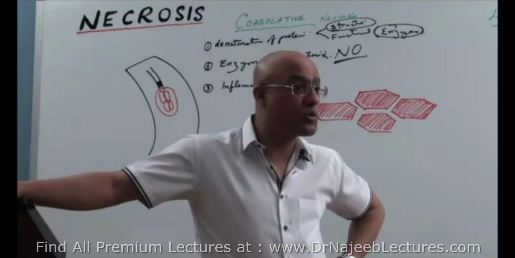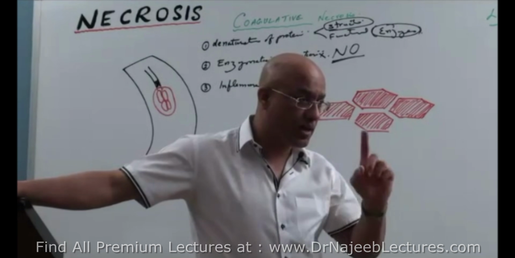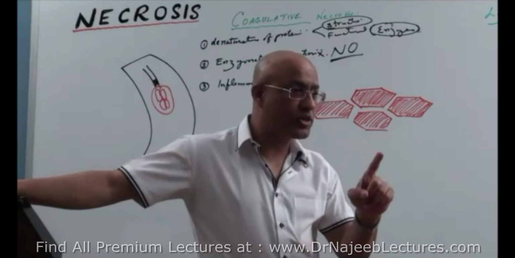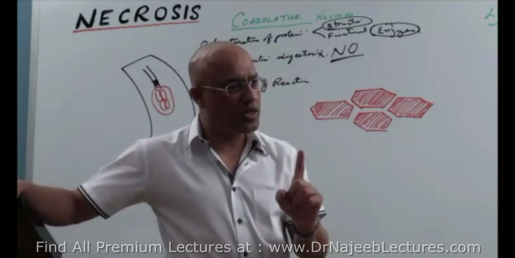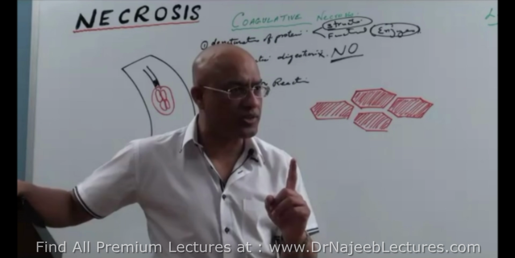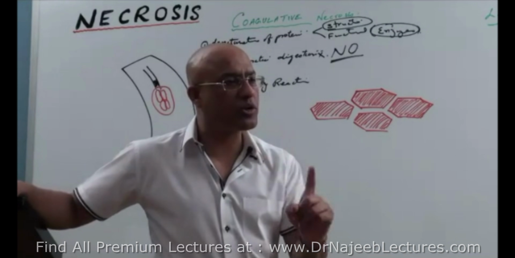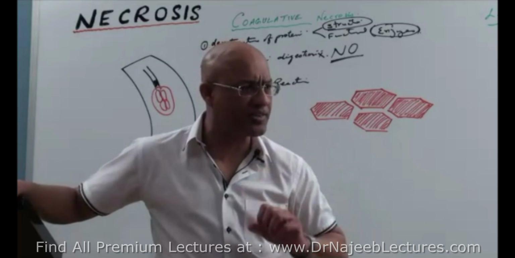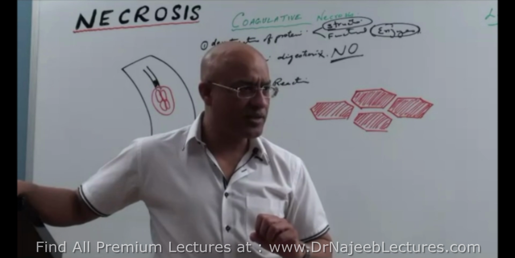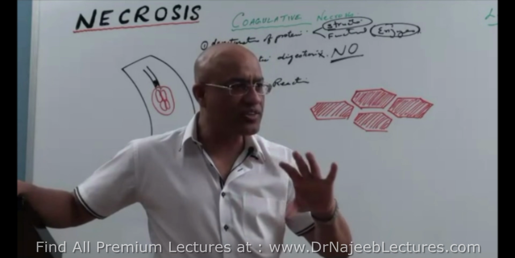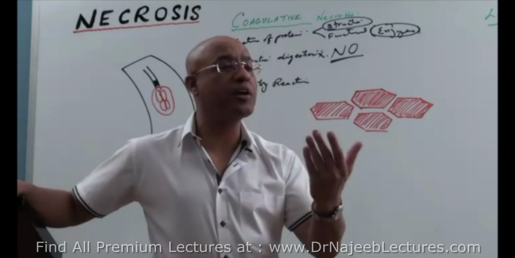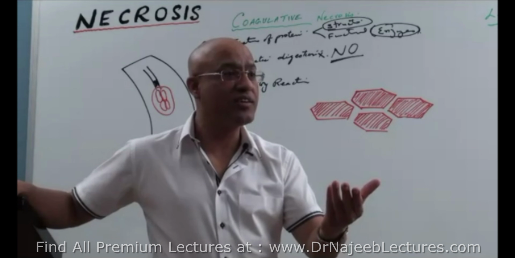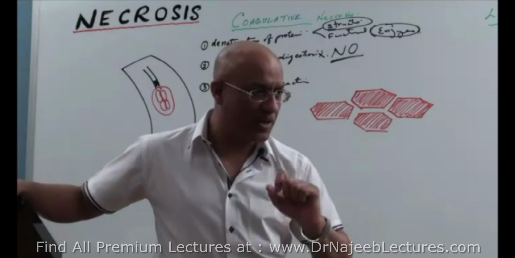What is the hallmark of coagulative necrosis? It is a kind of necrosis in which not only structural proteins but also enzymes undergo denaturation almost simultaneously, right? So cell structure is denatured and enzymatic digestion is not started.